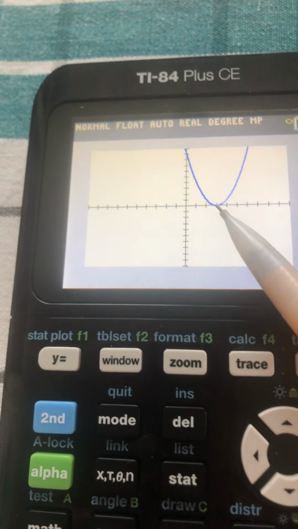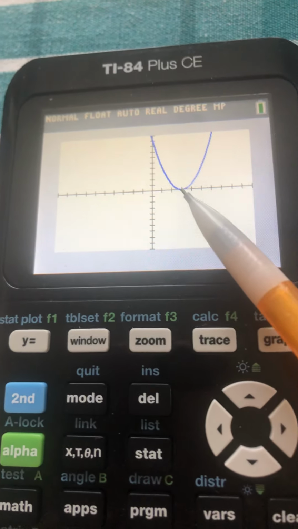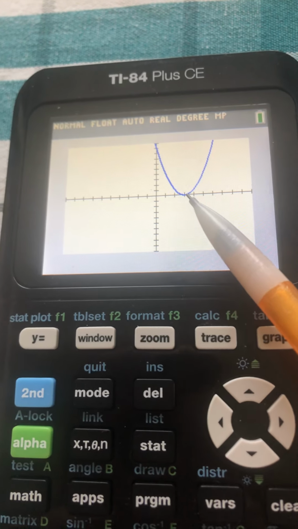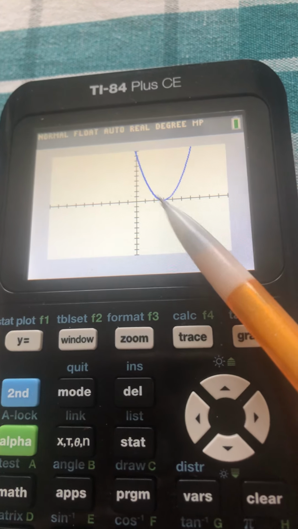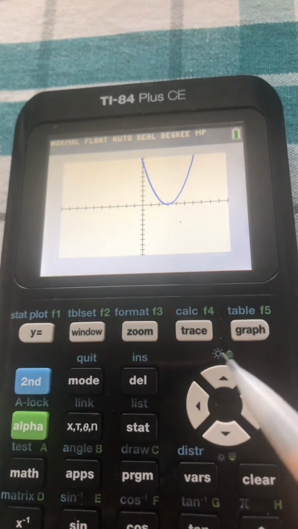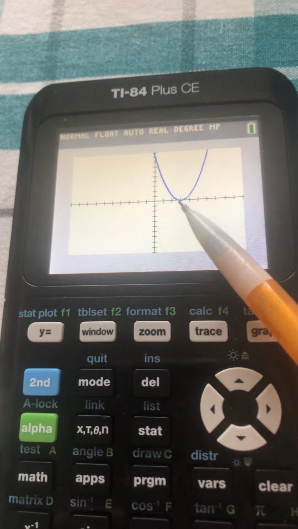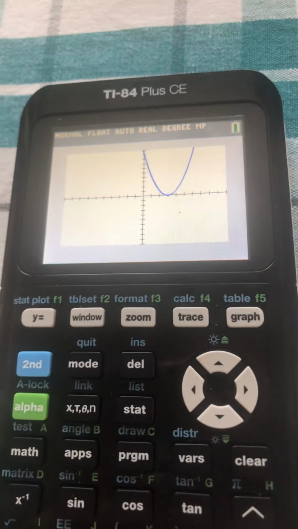It only touches the x-axis in one place, and that place is actually called the vertex. It's the lowest point in this case. So it only hits it in one spot, and it bounces off the x-axis there. Okay, so we're verified. That's what happens when there's only one solution. It bounces off the x-axis at that spot.